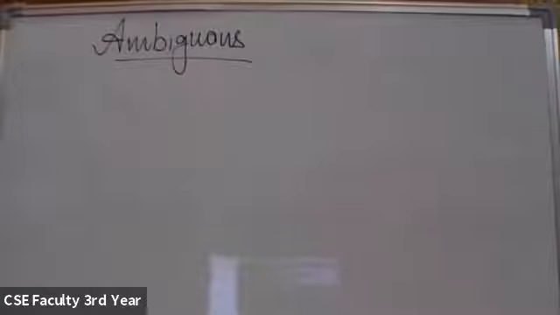Okay, for a particular input and for a particular grammar, if you obtain more than one parse tree or more than one left derivation or more than one right derivation, then that grammar is called an ambiguous grammar.